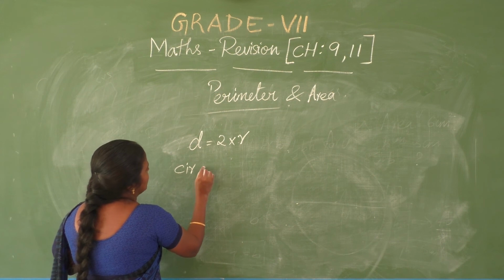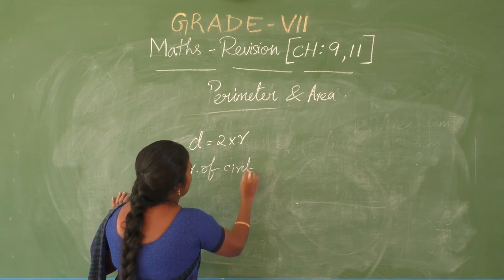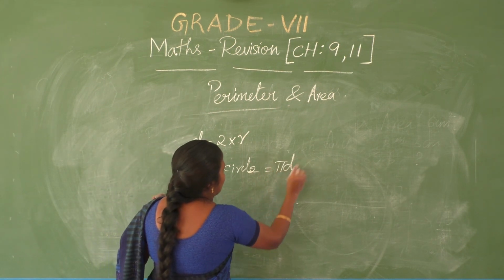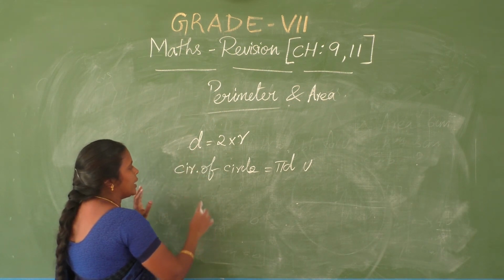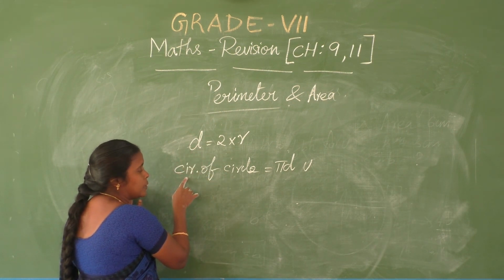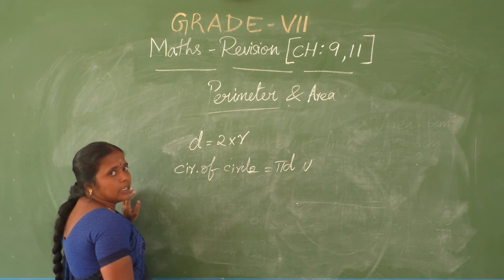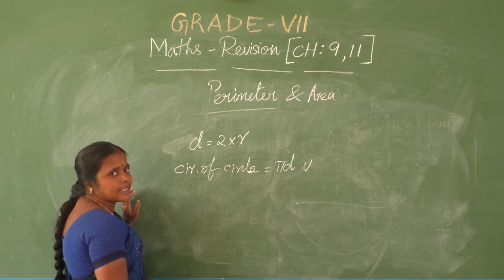Circumference of the circle when the diameter is given, at that time the formula is pi d units. Diameter given, how do you find circumference? Actually circumference, as I already told, is the outer length of the circle. Okay, the boundary length of the circle is called its circumference.